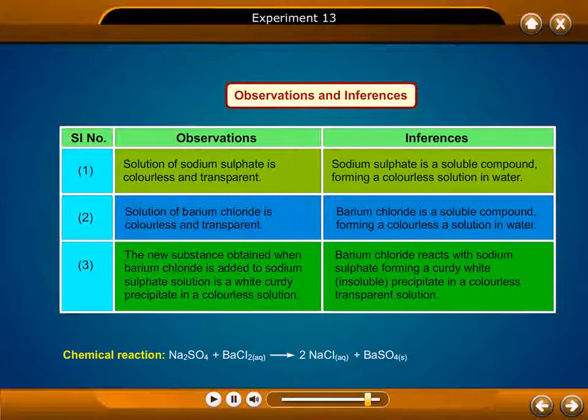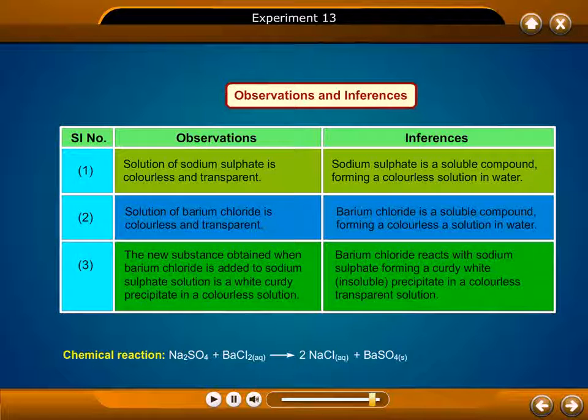Observations and inferences. Observations: solution of sodium sulfate is colorless and transparent. Inferences: sodium sulfate is a soluble compound, forming a colorless solution in water. Observation: solution of barium chloride is colorless and transparent. Inferences: barium chloride is a soluble compound forming a colorless solution in water.